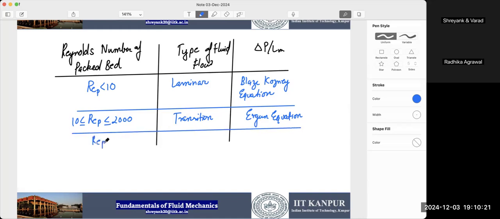When Re is greater than 2000, it's turbulent flow, and we have to use the Burke-Plummer equation.